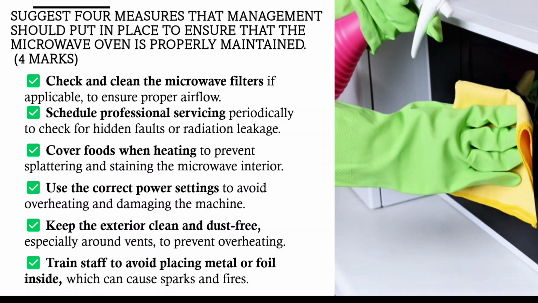Next, use the correct power setting to avoid overheating and damaging the machine. Next, keep the exterior clean and dust-free, especially around the vents, to prevent overheating. And also, very important, train staff to avoid placing metal or foil inside, which can cause sparks or even fires. And you know we love to put extra in the bag, and that's why we have more than 4.